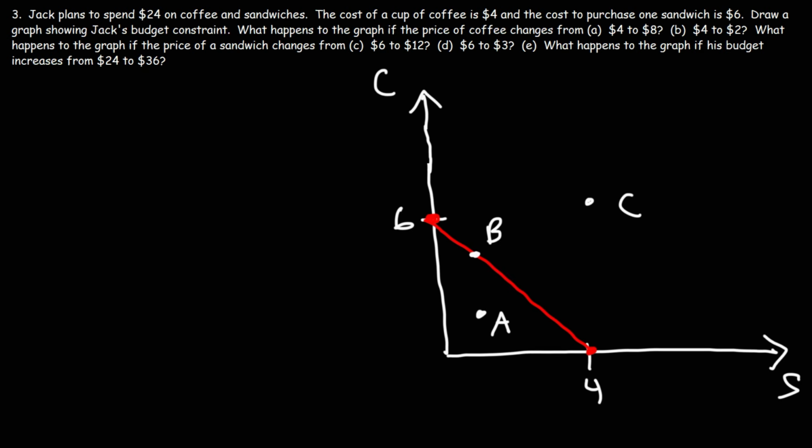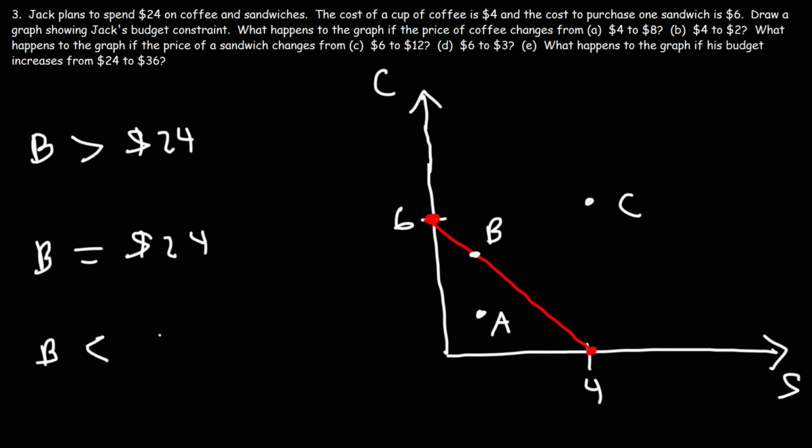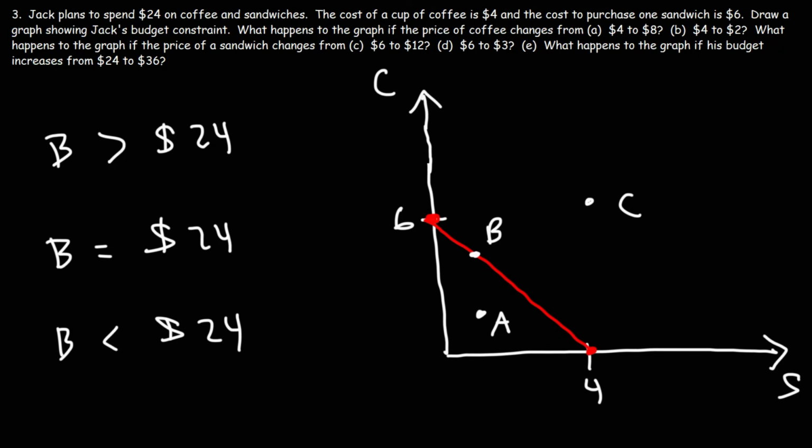Which of these 3 points represents a budget that is greater than 24? Which one represents a budget that is equal to 24? And which one represents a budget that is less than 24? Feel free to take a minute and answer those questions.